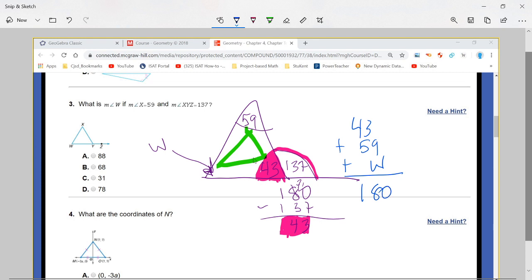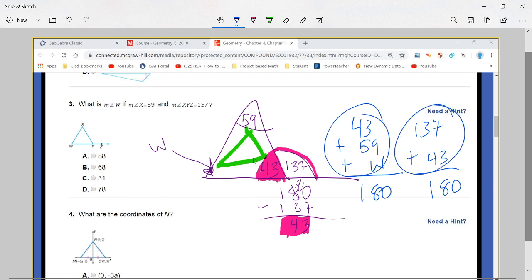So now all of a sudden you start saying, wait a minute. 137 plus 43 equals 180. So those are two math equations. They both equal the same thing. That means this thing has to be equal to this thing, right?